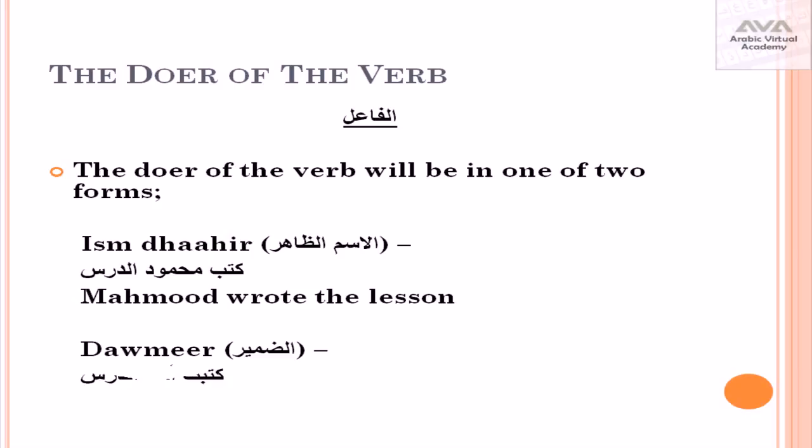We see this in the statement katabat anti ad-dars. Anti here, the underlined word, is the doer of the verb. It's saying that you, talking to a woman, wrote the lesson.